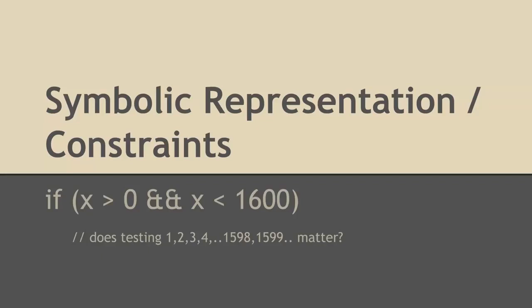In essence, it's kind of summarized by the statement, if this Boolean, does it really matter past this if we test 1, 2, 3, because clearly all values from 1 to 1599 are accepted. So do you need to spend 1,000 test cases evaluating this?